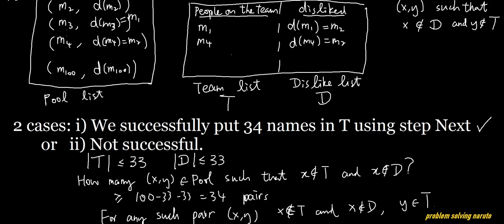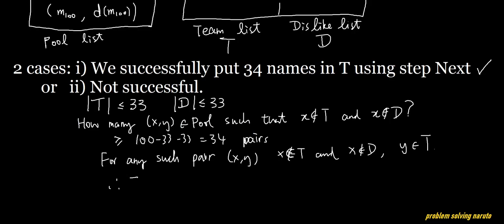Okay, but that means among these 34 people, they all dislike someone in the T list. They don't dislike any other. So they have at least 34 people and they don't dislike each other. That's why that is the team that we required. Okay.